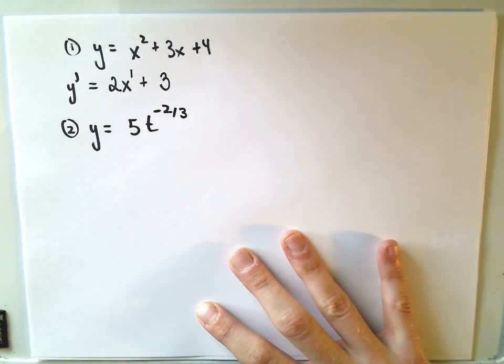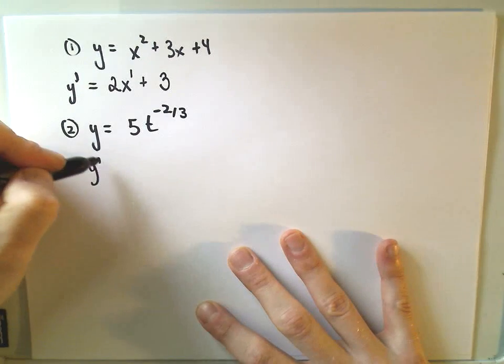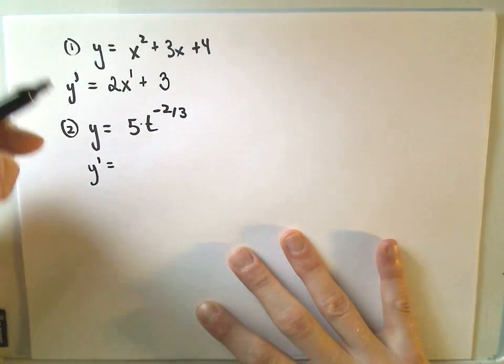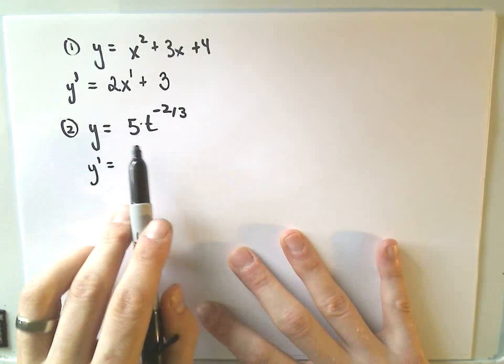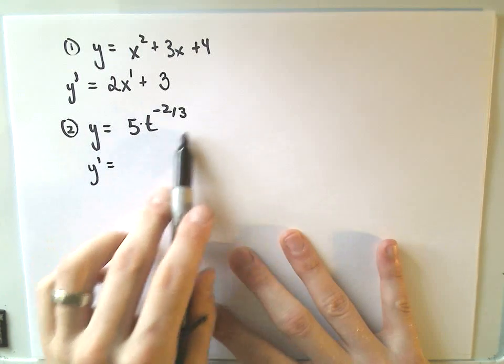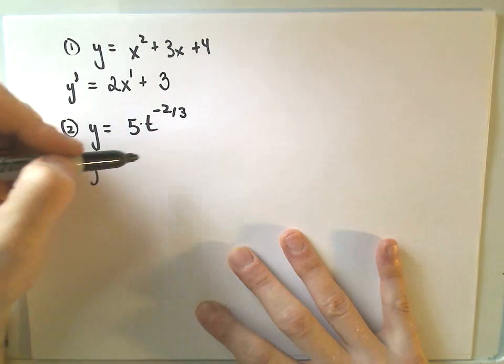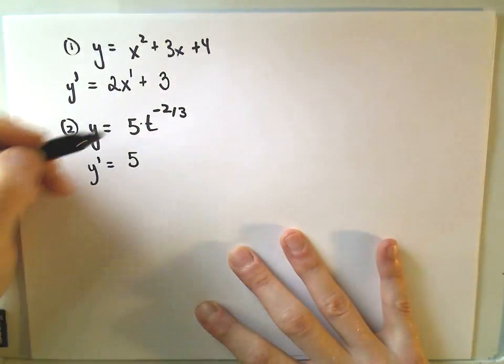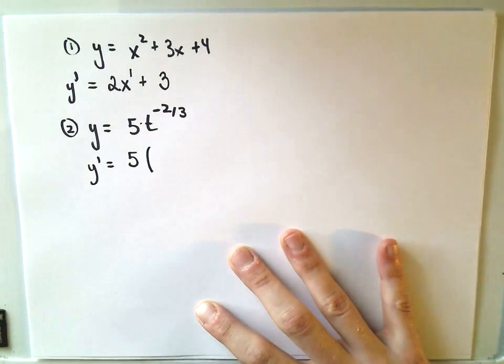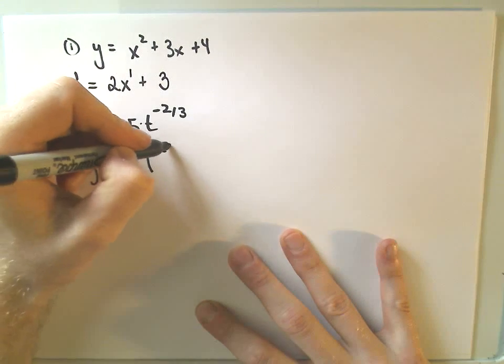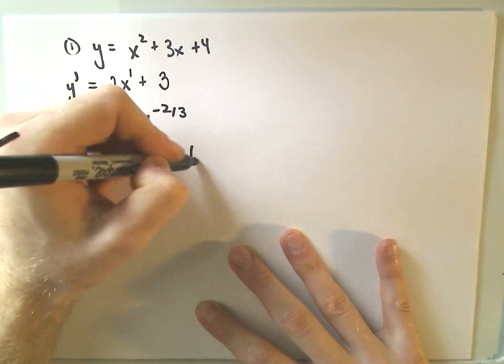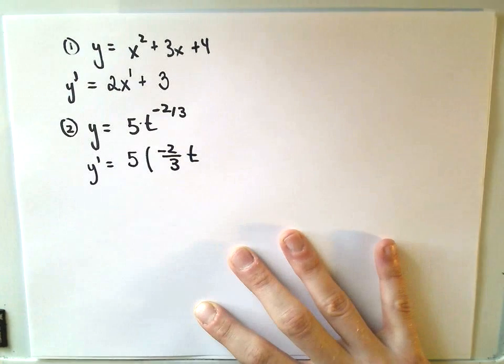Number 2, we've got 5 times t to the negative 2/3. People don't like the negative fractional exponents, but don't be too worried. There's a rule that says if you have a constant times something with a variable, you can use the product rule, but what it reduces to is the constant just gets carried along, and we're going to do the same trick. So the negative 2/3 comes out front. We have to subtract 1 away.